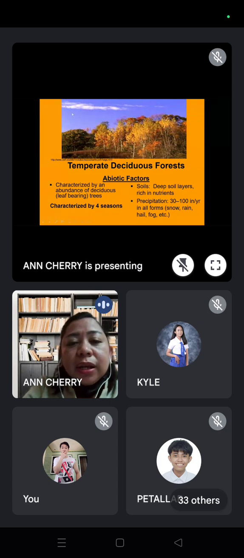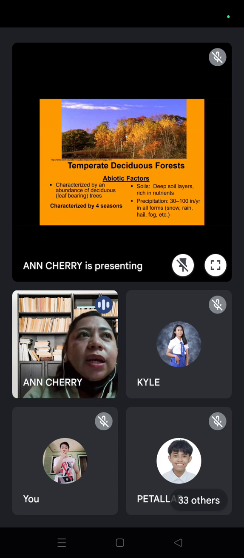The leaves turn yellow, orange, or brown during fall or autumn, in preparation for the incoming winter, because the trees need to arrest photosynthesis.